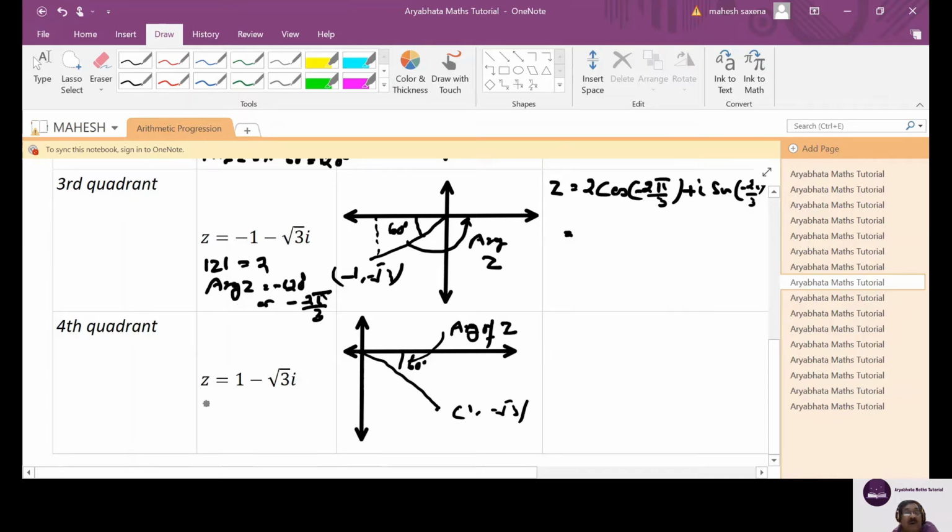Modulus of z is again 2, and argument z is minus 60 degrees, that is minus pi by 3. Therefore, z can be written as 2 cos minus pi by 3 plus i 2 sin minus pi by 3.